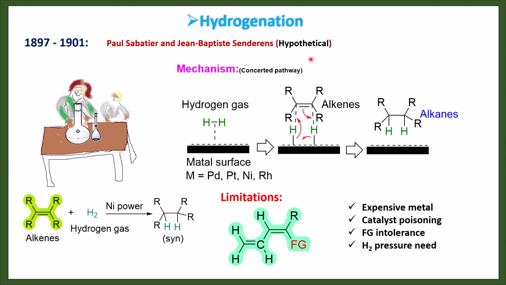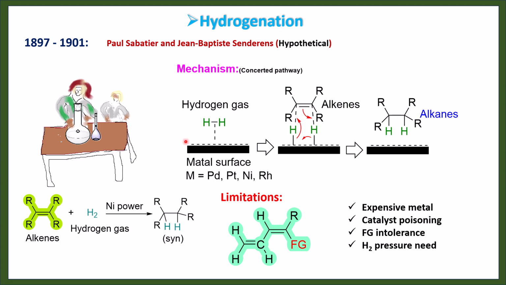Now we'll discuss hydrogenation reactions. In the late 1890s, the scientists Sabatier and Senderens hypothesized that if they could mix hydrogen with an alkene in the presence of a metal catalyst, the reaction could happen. Surprisingly, their hypothesis worked, and the reaction happens in a concerted pathway.